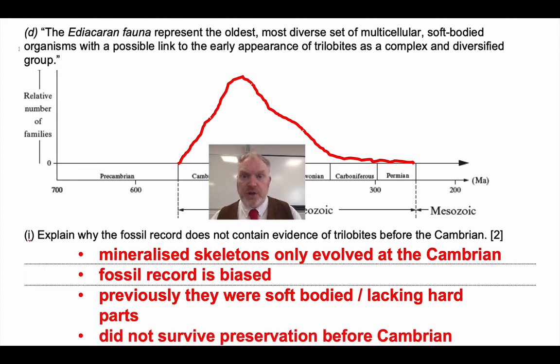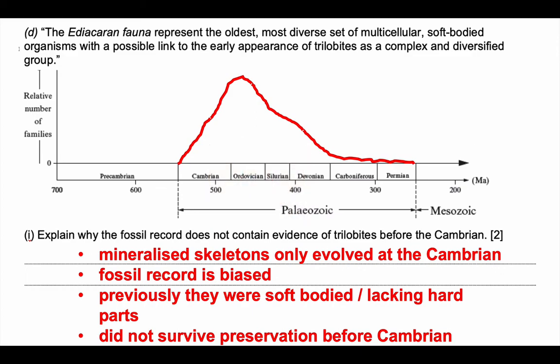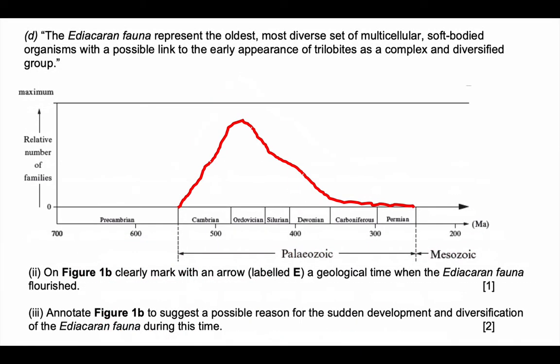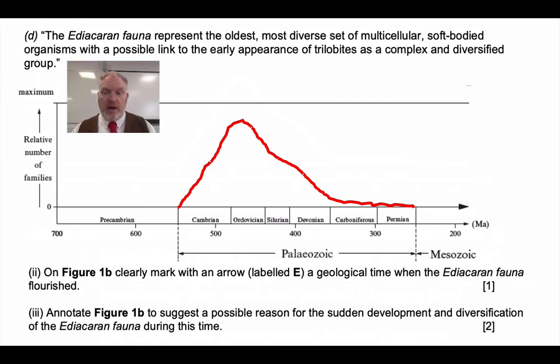So any sort of precursors of the trilobites wouldn't have preserved, or maybe only in exceptional circumstances. So you're then asked to mark when the Ediacaran fauna flourished. Clearly, it must be before the evolution of the trilobites, somewhere in the late Precambrian. The exact time doesn't matter too much, it just needs to be in the late Precambrian.